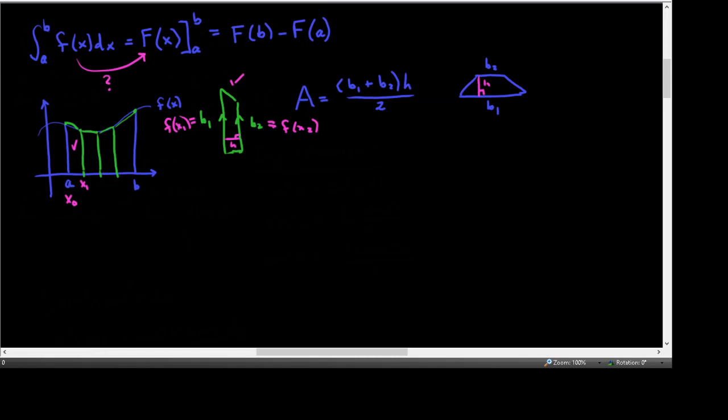And so what we'll have is, for this one first trapezoid, the area of that trapezoid will be f of x sub 1, that's base 1, plus f of x sub 2, that's base 2.